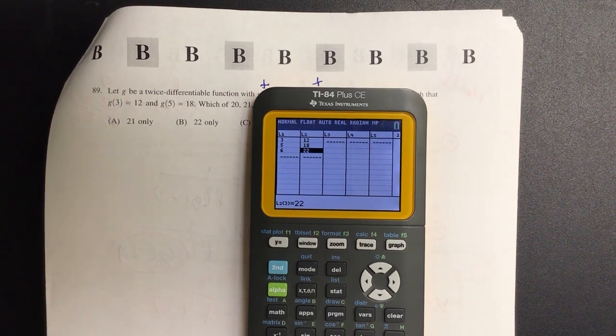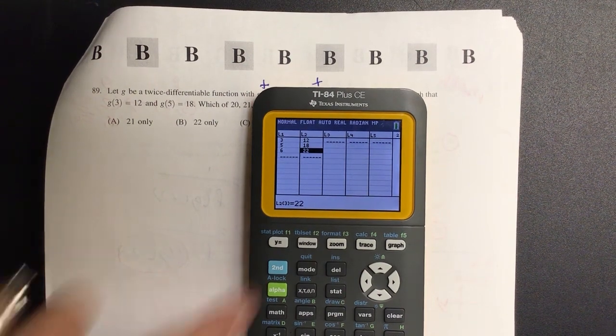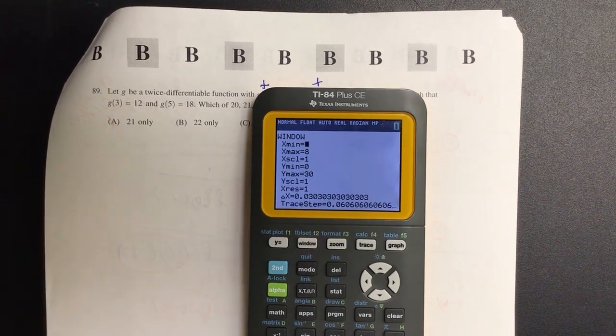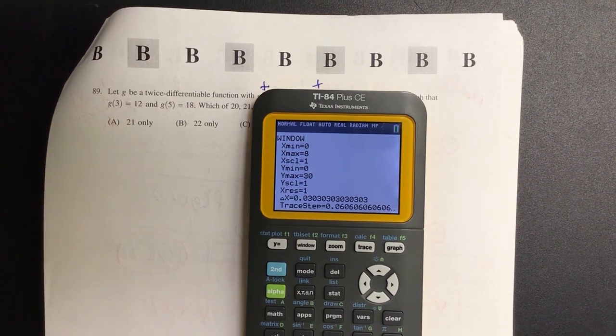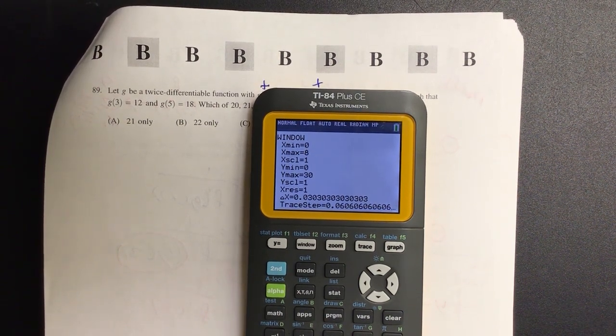Then you still have to manipulate the graph because the graph is going to go to the default 10 by 10. So on my window, since my smallest x value is 3 and my greatest x value is 6, I'm going to stop it at 8. You can put 10 if you want. 20 is fine too, but I want to see most of the graph.